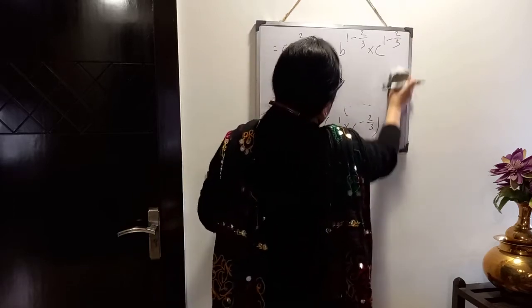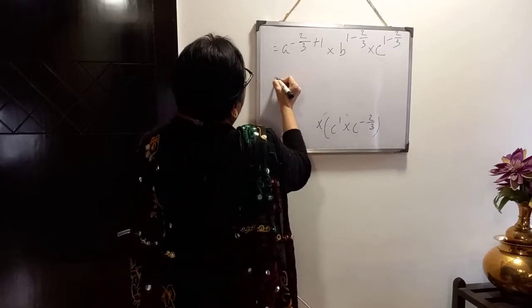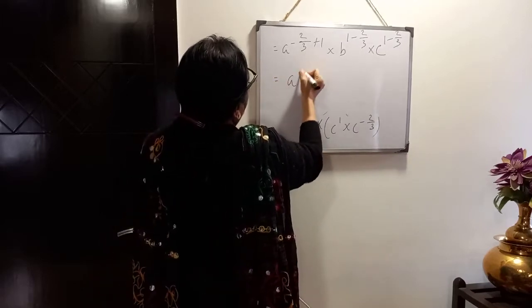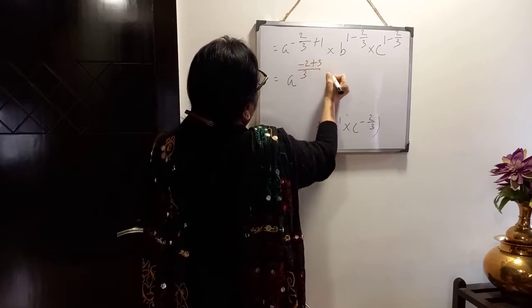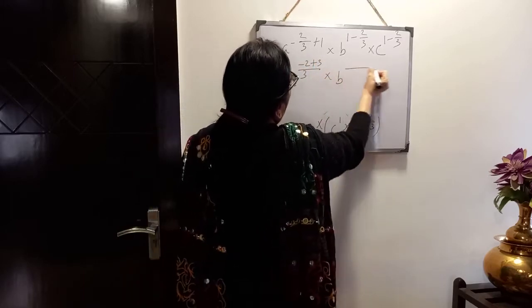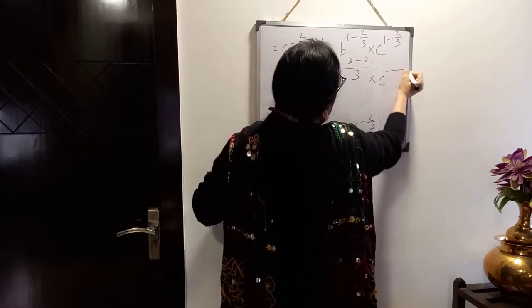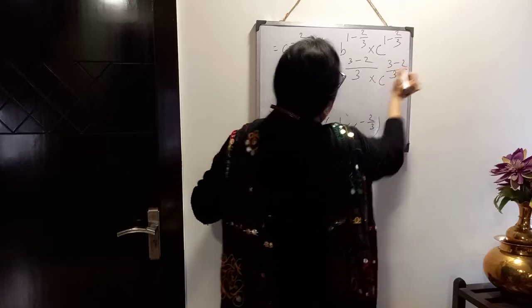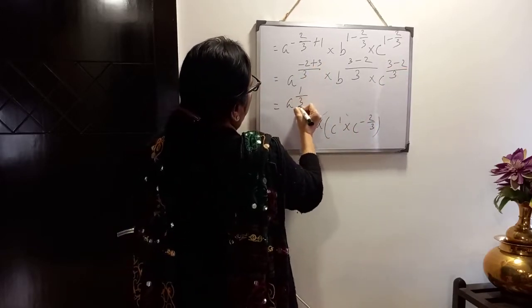Then a to the power, LCM is 3, minus 2 plus 3. b to the power same way 3 minus 2. c to the power 3 minus 2. Now 3 minus 2 means 1.